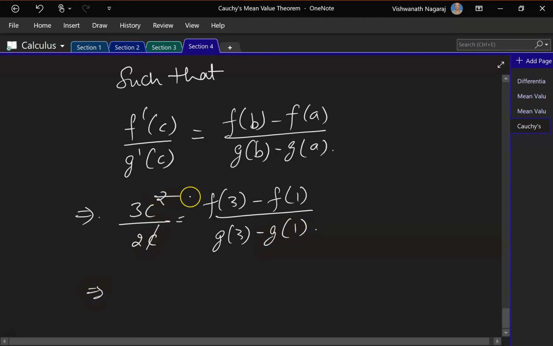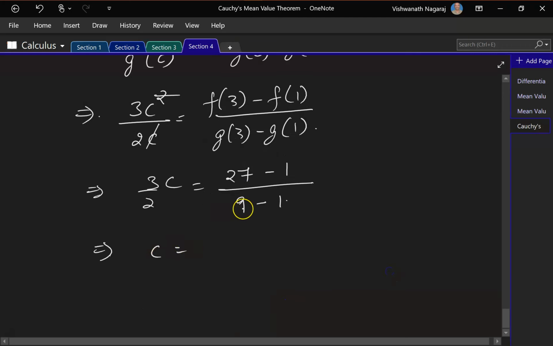So this c gets cancelled, so 3 by 2 c is equal to f of 3, f is x cube, so 3 cube 27 minus 1 cube 1, by g is x square, so 3 square is 9 minus 1.